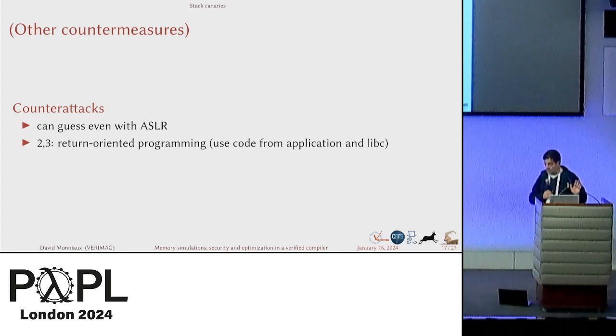If you're running on an embedded system, you may not have a memory management unit. Your code may be at a fixed address because the code that runs on the system is compiled with completely static addresses. It's maybe in ROM. So not necessarily all these countermeasures work. And anyway, there are ways to work around them.